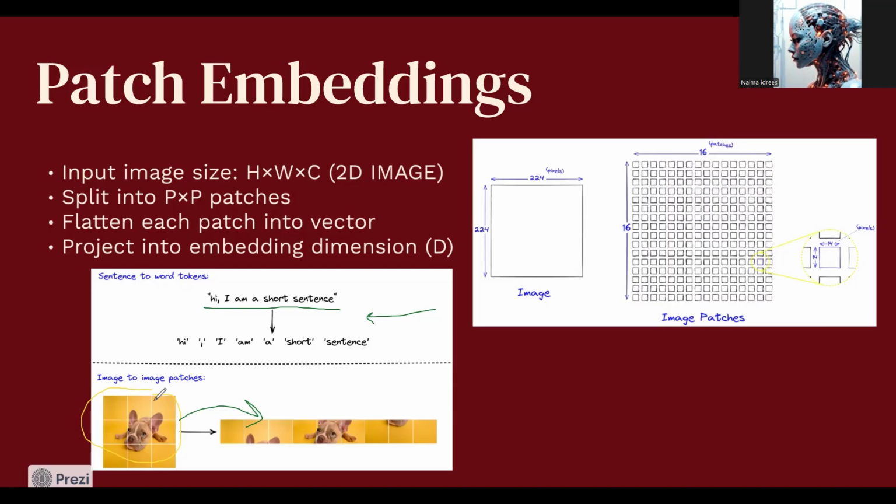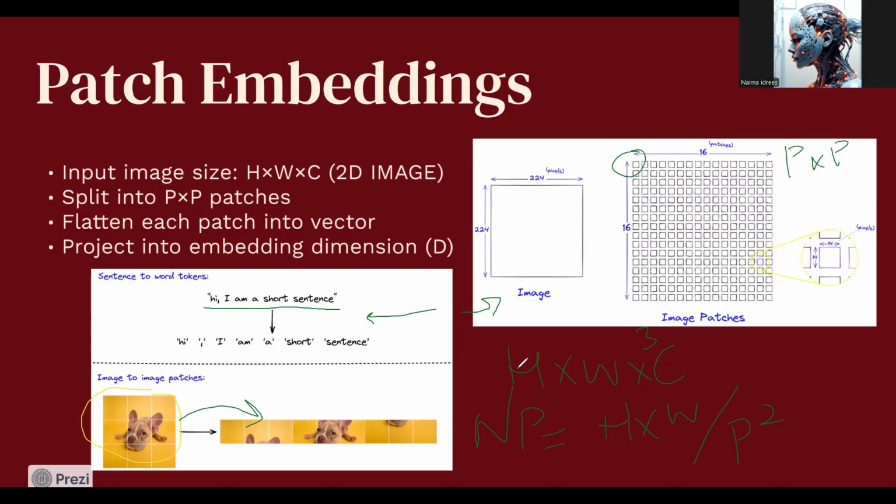We see in the right figure that we have the image of size height × width × C, where C means the color channel, which is 3. This is split into square patches of size P × P. You can calculate the number of patches with this formula: height × width divided by P squared.